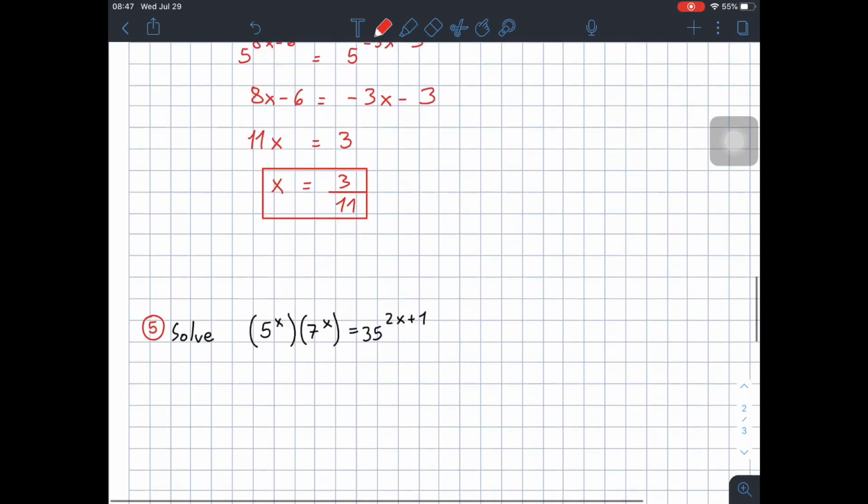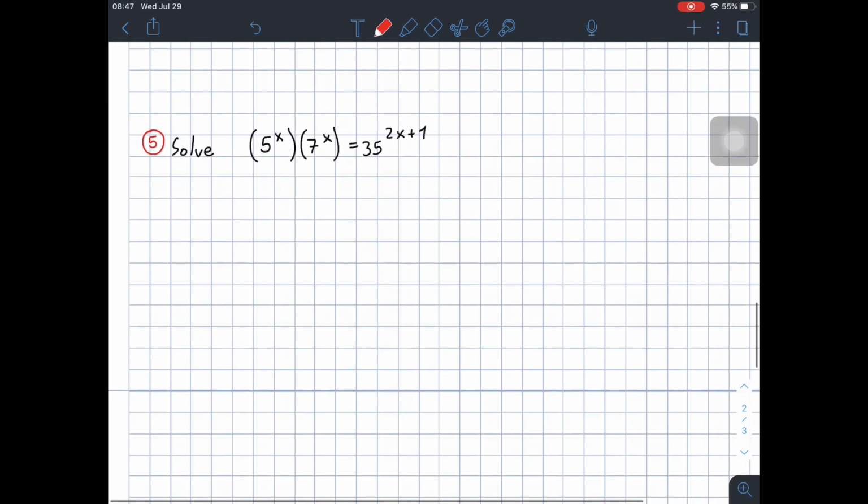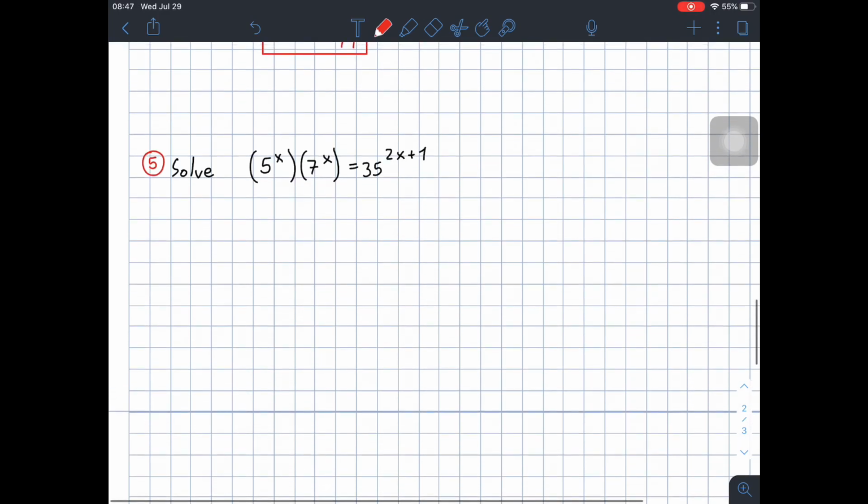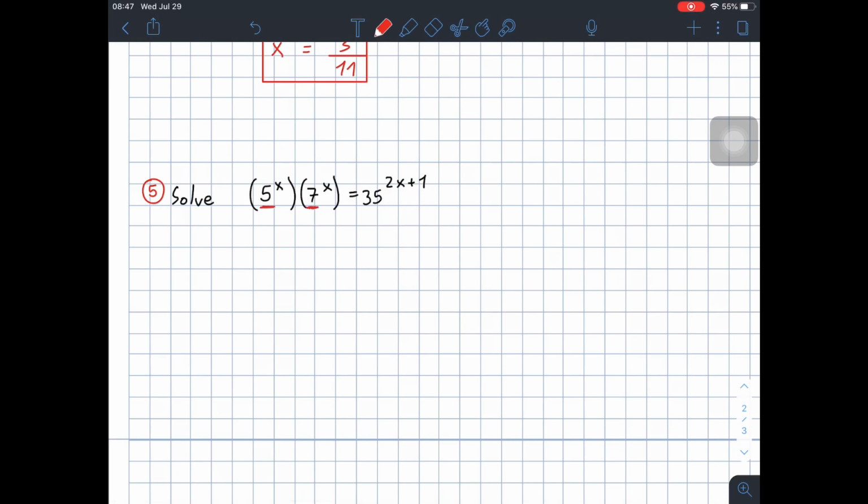Yes. Okay. So let's go to number 5, which says solve 5 to the power of x times 7 to the power of x equals 35 to the power of 2x plus 1. Okay, for this case, I see that I have different bases here, right? But we have the same exponent.